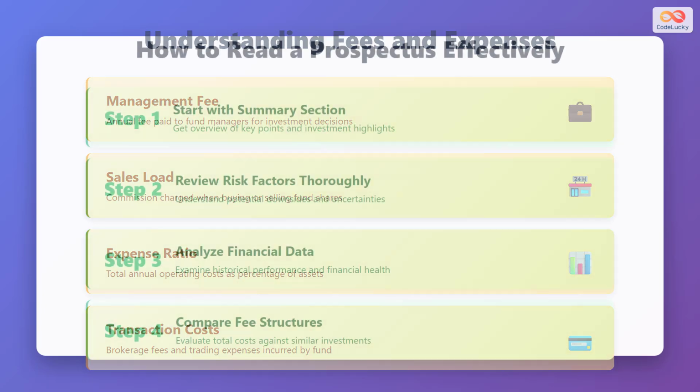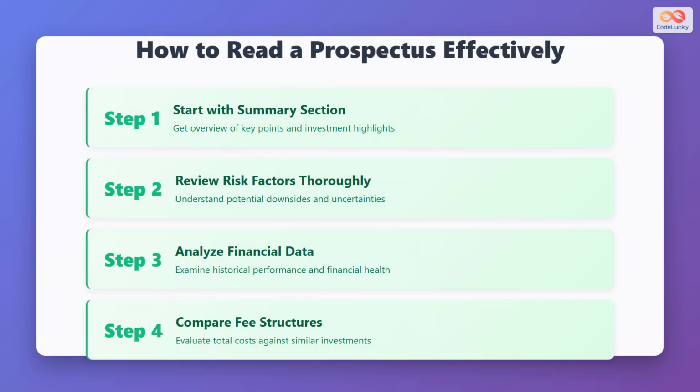Reading a prospectus can seem overwhelming, but following a systematic approach makes it manageable. Step 1. Start with the summary section to get an overview of key points and investment highlights without getting lost in details. Step 2. Review risk factors thoroughly to understand potential downsides and uncertainties before anything else. Step 3.